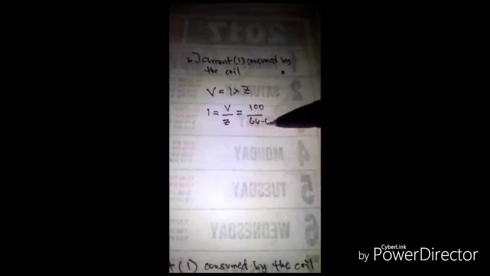We know that the formula of volts is I times Z, the impedance, and we can get that I is equal to V over Z, where we have the value of volts, which is 100, and the Z that we solved earlier is equal to 66.5, and we now have the current, which is 1.5 amperes.